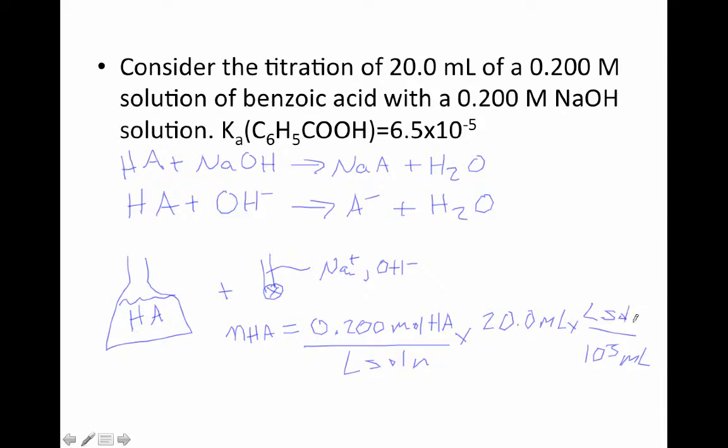That means at the beginning of the titration we have 0.00400 moles of benzoic acid.